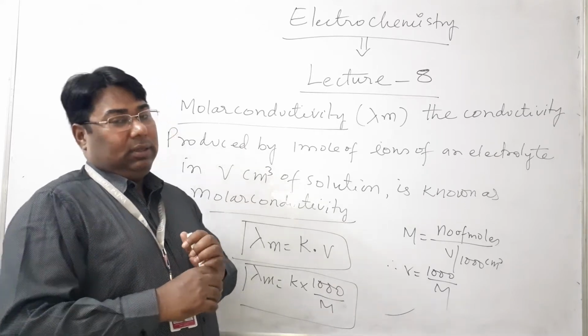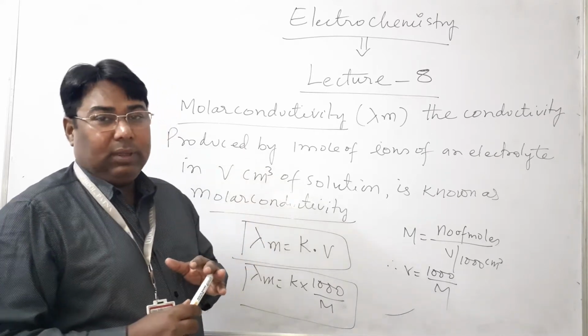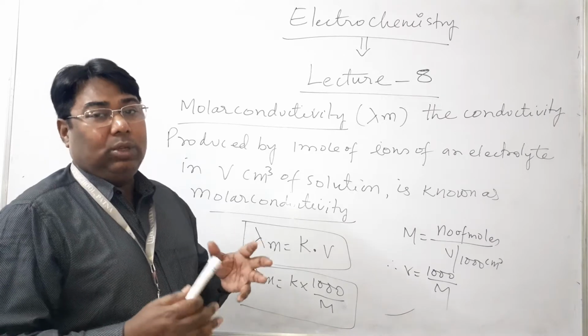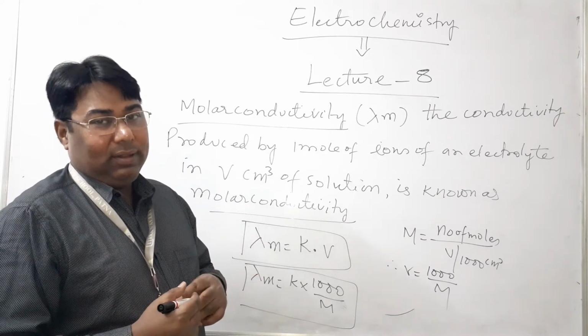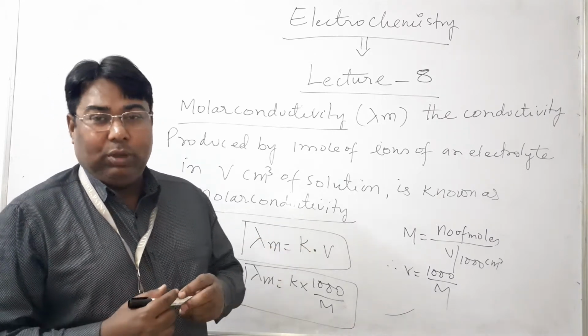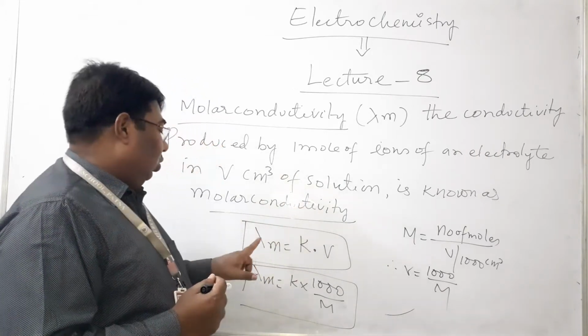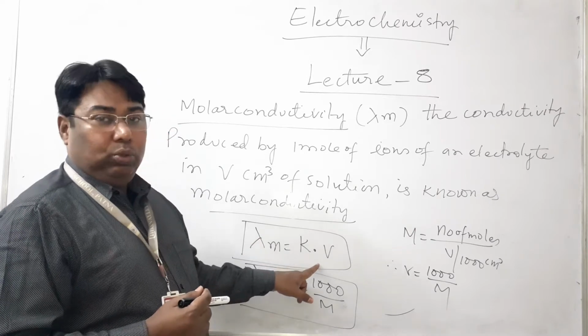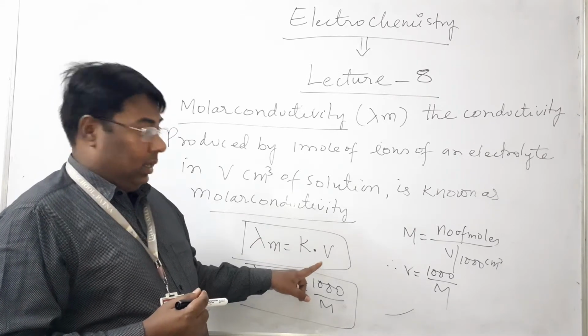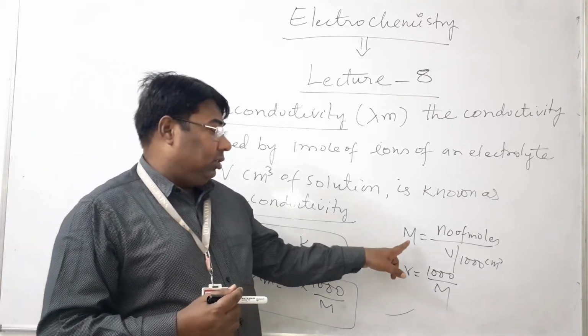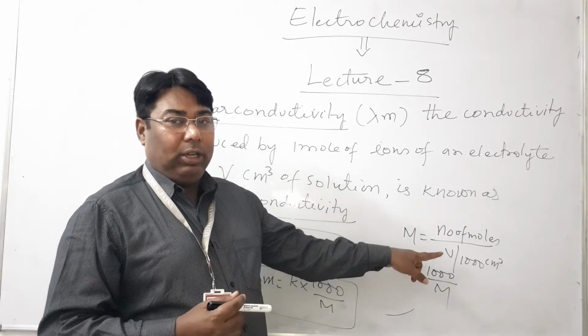That is, molar conductivity is the conductivity produced by the ions of 1 mole of an electrolyte in V centimeter cube of solution. So lambda m is equal to K into volume. And all of you know there is a relationship between the molarity and volume.